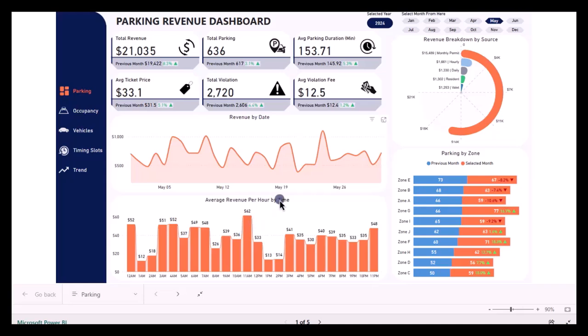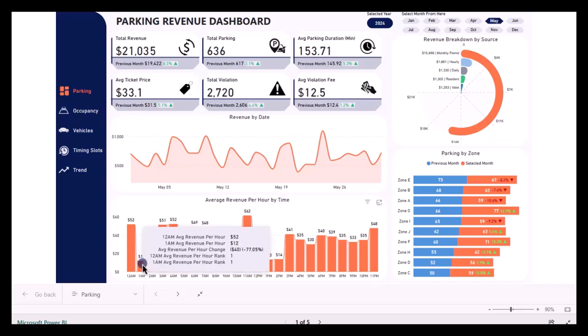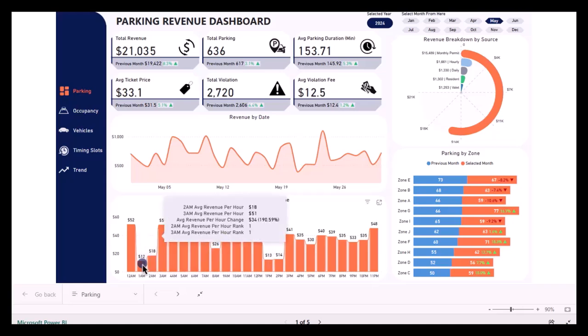This could indicate a lunch rush or prime parking time. On the other hand, there is a low point at 1 a.m. with just $12. This data allows you to adjust staffing or pricing based on demand throughout the day.